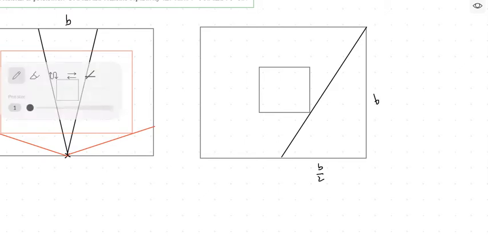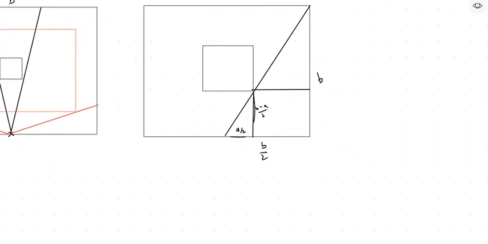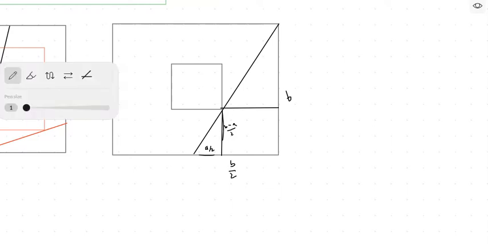And let me draw these lines here. If I drop this down like that, and bring this across like this, we have A over 2 and we have B minus A all over 2. That's just the length of this and the length of this. Now, these two triangles are going to be similar because they have the same angles, so the ratio of them is going to be the same.